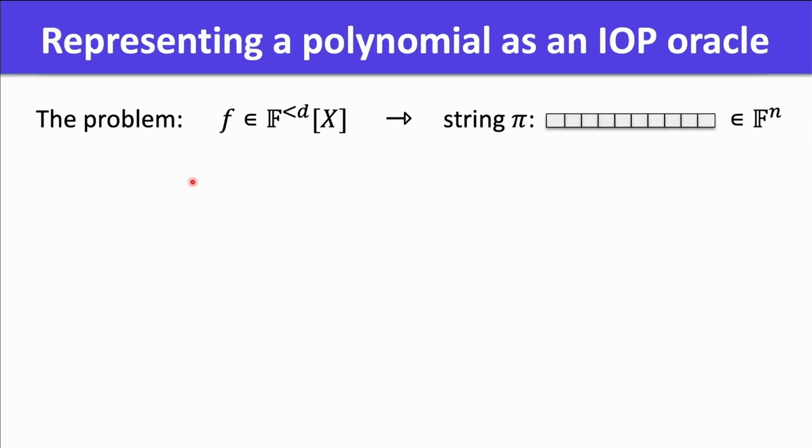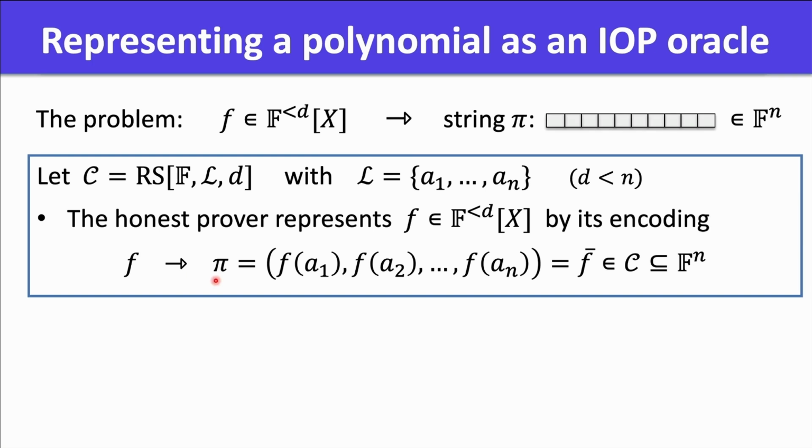So the first question we have to answer is how do we represent polynomials as strings? And hopefully, given all the tools we've developed in this talk, this is now a natural thing to do. What the prover will do is, rather than sending the polynomial to the verifier, it's going to send to the verifier an encoding of the polynomial. So we fix a domain L, which is made up of elements A1 to AN in the finite field.